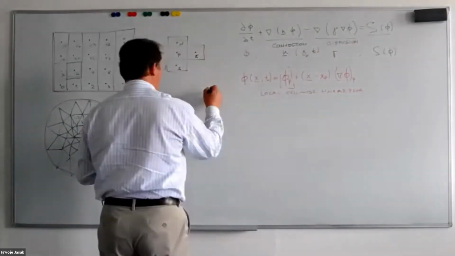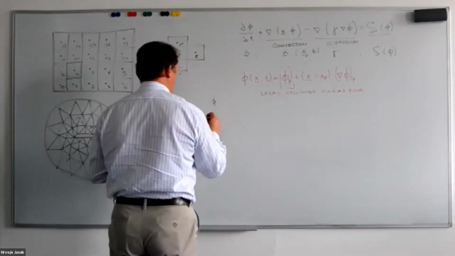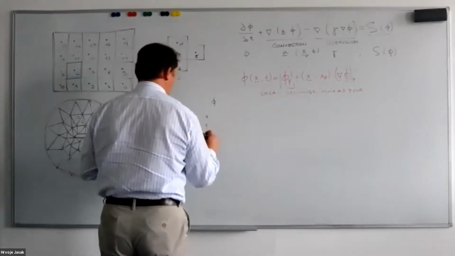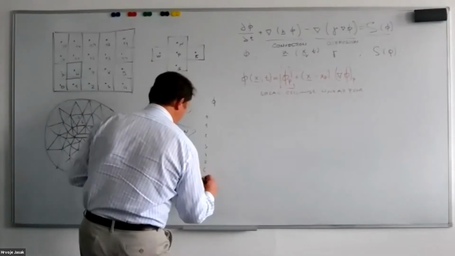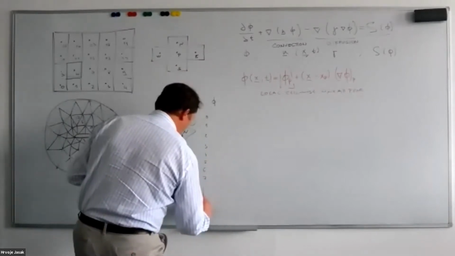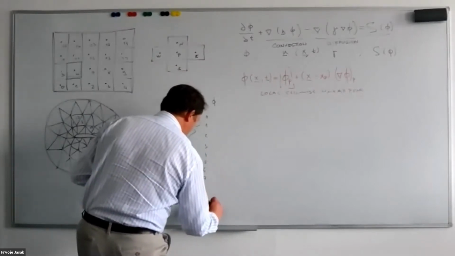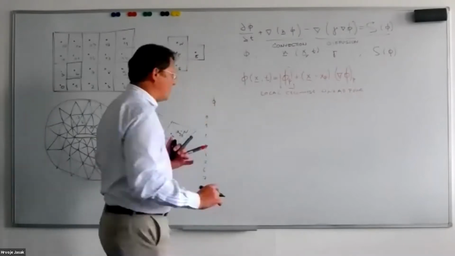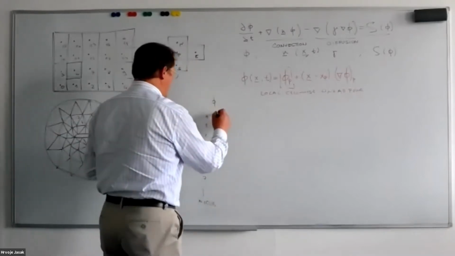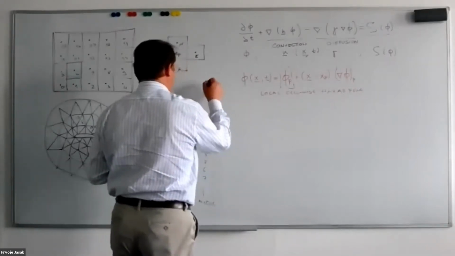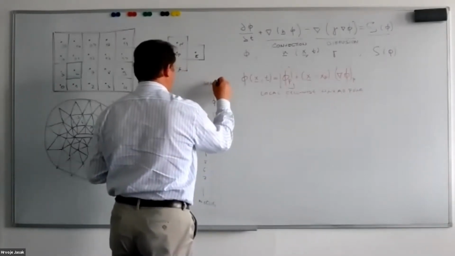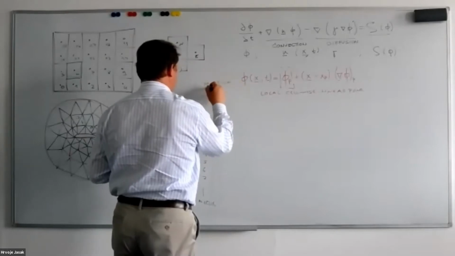So I'm going to have my phi for the cells 0, 1, 2, 3, 4, 5, 6, 7 to the number of cells in the computational domain. This thing here, I'm going to refer to as a solution vector.